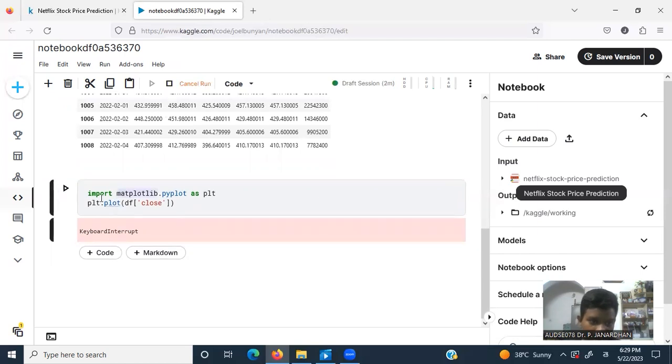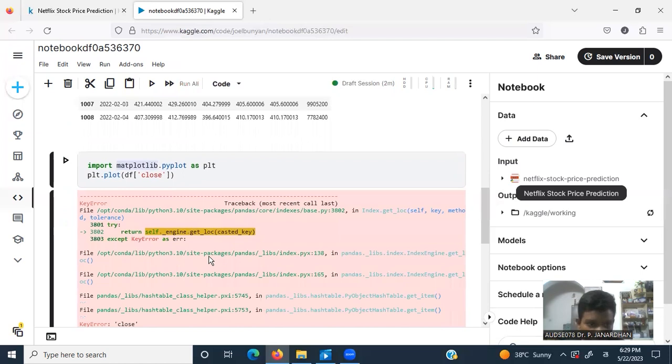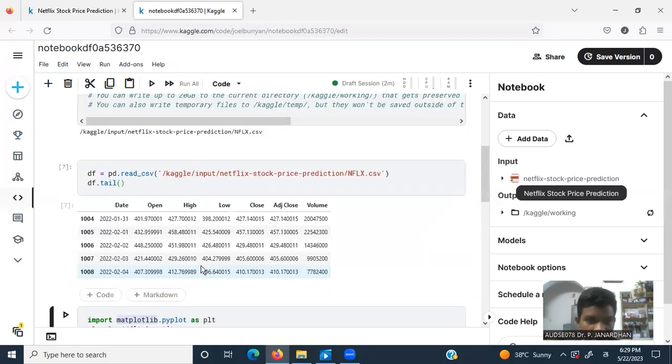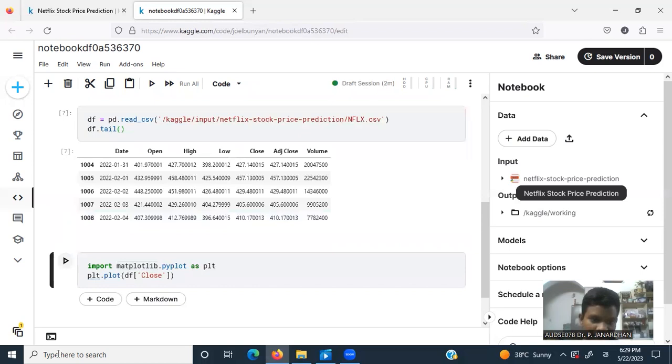Sorry for that. An error: there is no word close. Capitalize, that is the problem. You should use the same case as the column name.